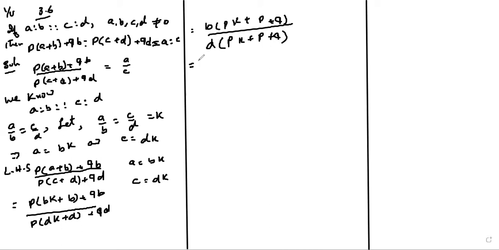So we have cancelled this factor. We have B over D, which is our left hand side. We just name it as number 1.